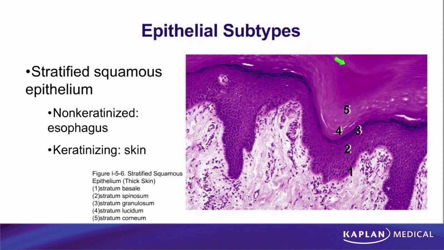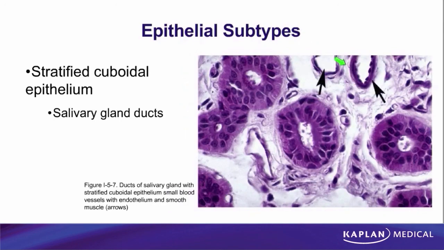Okay, and then one more cell type that we should look at. The last one that we're going to look at is called a stratified cuboidal epithelium. So here we see a lumen. That lumen is being lined by these cells that are cuboidal in shape, but we see that there's another layer behind them between the lumen and the basement membrane.